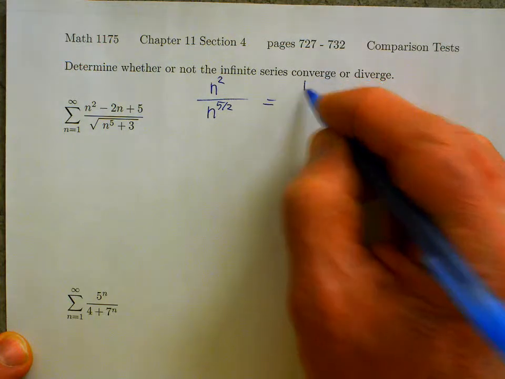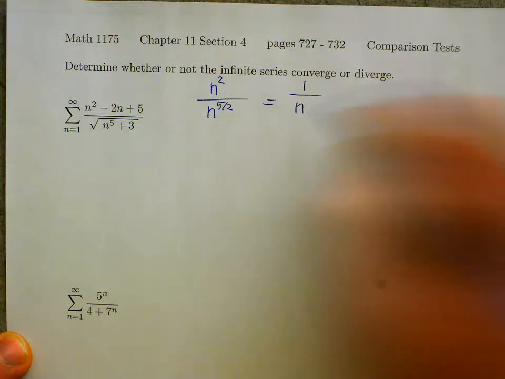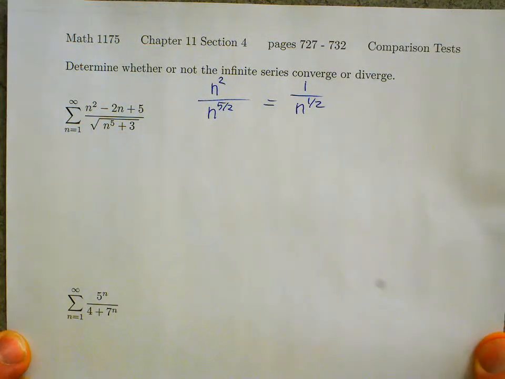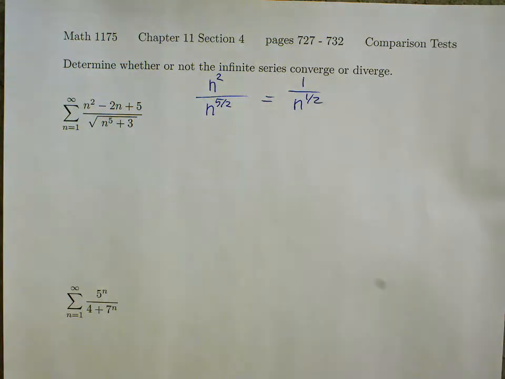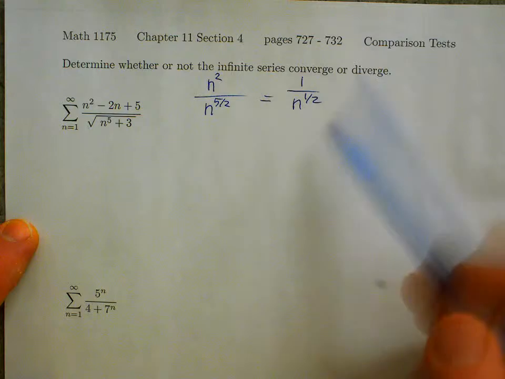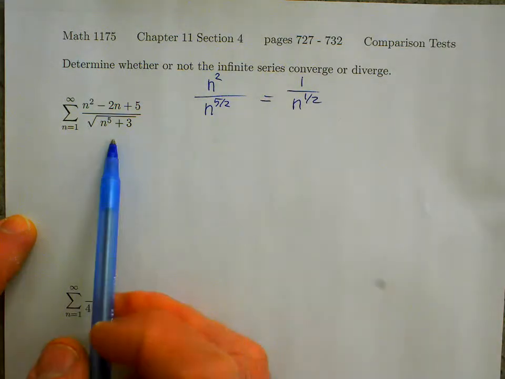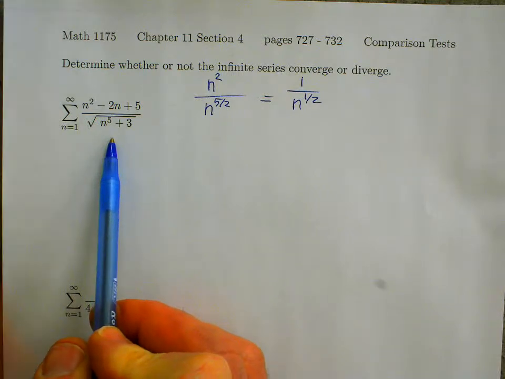This becomes 1 over n to the 1/2. So if we use the limit comparison test with 1 over n to the 1/2, we might be able to determine if this series converges or diverges.